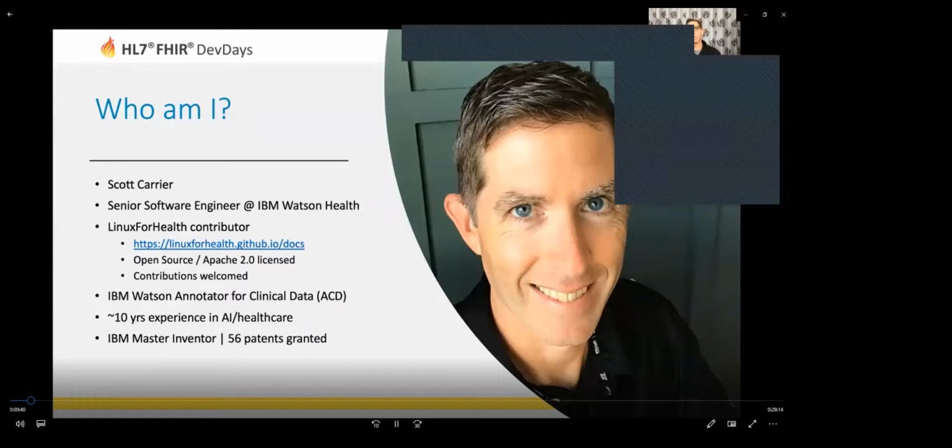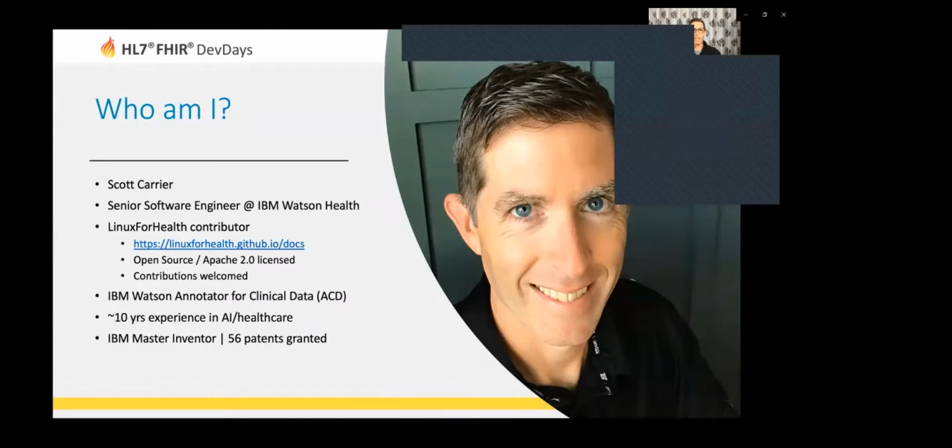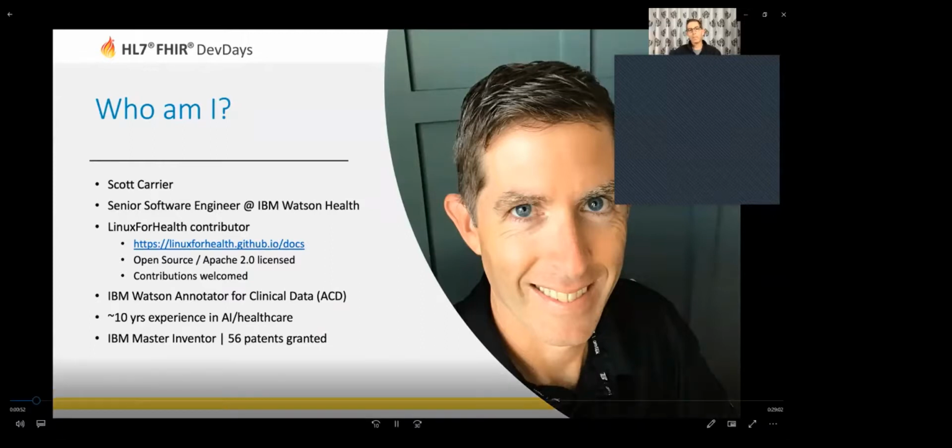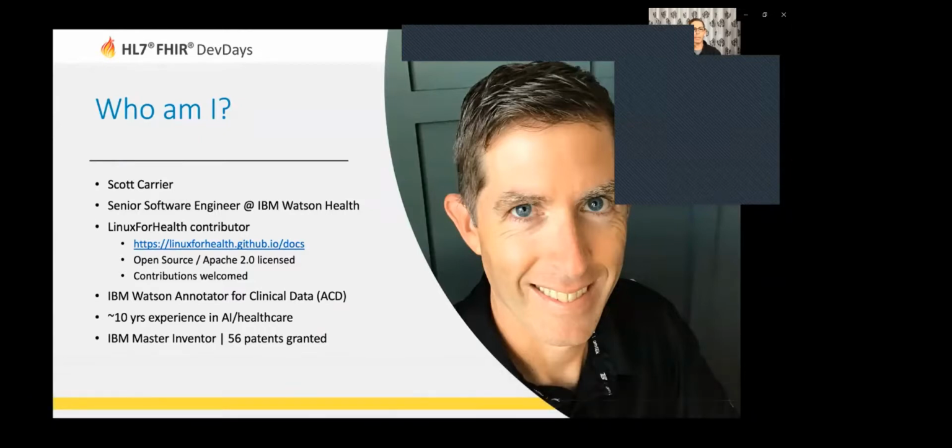I also work on IBM Watson's Annotator for Clinical Data, or ACD. ACD is a healthcare-centric NLP service available in IBM Cloud. I have about 10 years of experience in the AI healthcare domain, and I'm a recognized IBM Master Inventor with 56 patents granted and several more pending.